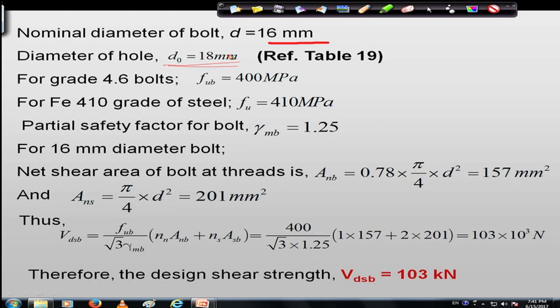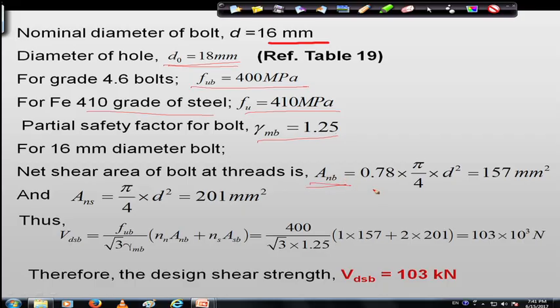For a 4.6 grade bolt, we know FUB, the ultimate stress of the bolt, is 400 MPa, and for Fe 410 grade steel, Fu, the ultimate tensile strength of the plate, is 410 MPa. The partial safety factor from Table 5 we find as gamma MB equal to 1.25.